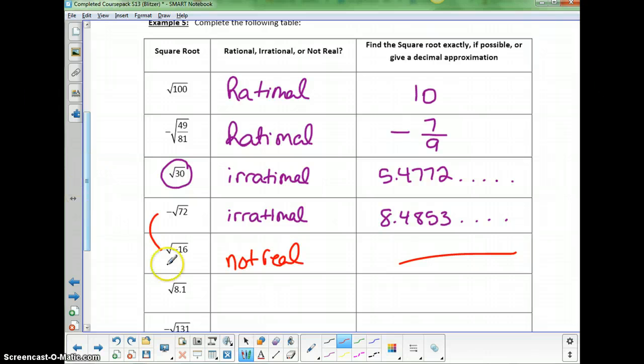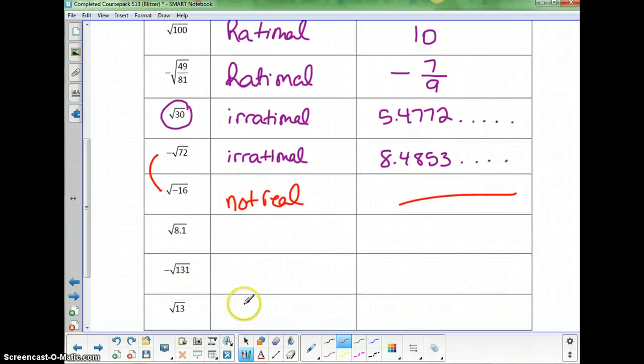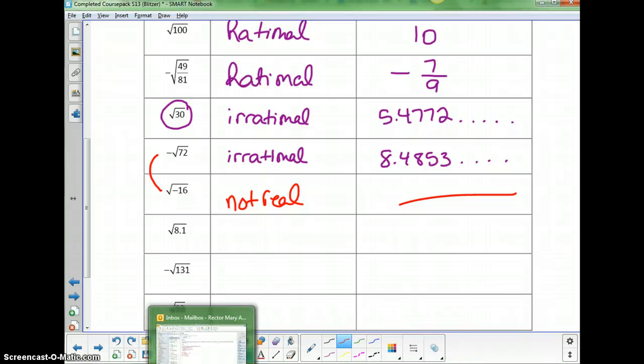It's not real. And I can show that in my calculator: if I take the square root of that negative value, it'll say non-real answer in my error right here because it's not real. Okay. Square root of 8.1. Let's give this one a try.